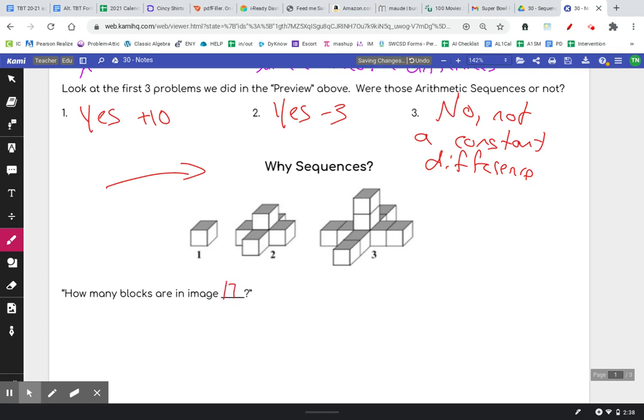And our goal today is for you not to have to draw the 4th one of this, the 5th one, then the 6th one, all the way to the 17th. That will take you a lot of time and a lot of effort, and it's kind of unneeded. We're looking for shortcuts using mathematics, in a formula sense. We talked about that recursive and explicit formula. How can we use that in order to answer questions like this?